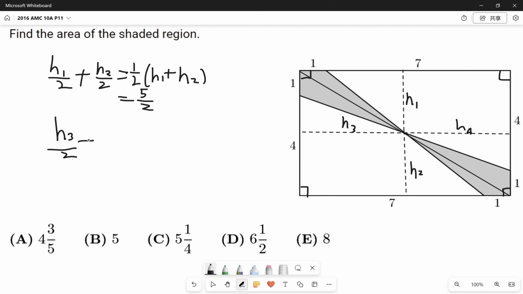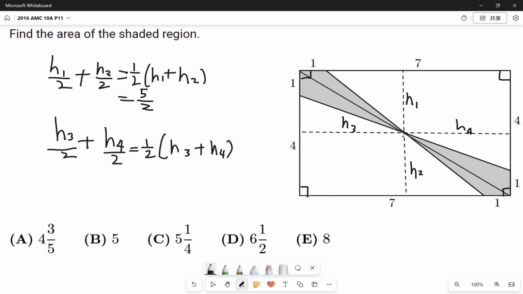The sum of the area of these two triangles is going to be H3 over 2 plus H4 over 2, basically 1/2 base times height, which is just 1/2 (H3 plus H4). So what's H3 plus H4? We know that H3 and H4 are on the same line because the bases are parallel due to the parallelogram and also rectangle property, and we know that the vertex is the same point.